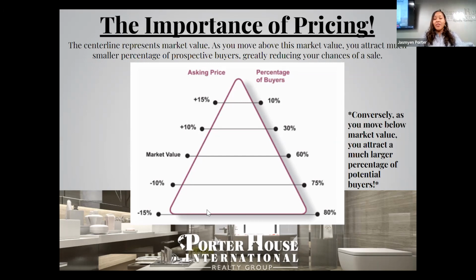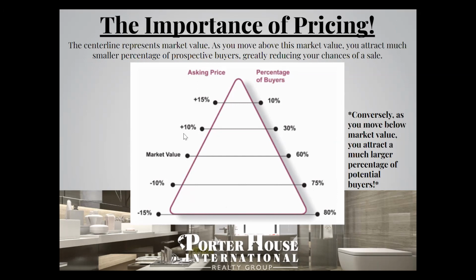But what I want somebody to do, I want two people. The first person, I want you to read the second line from the bottom. I talked about market value and 60% of the buyers, and I did everything above that. Now we have two lines below it. So somebody take 10% below market value and tell me about that. Just walk that with me and tell me what that means.